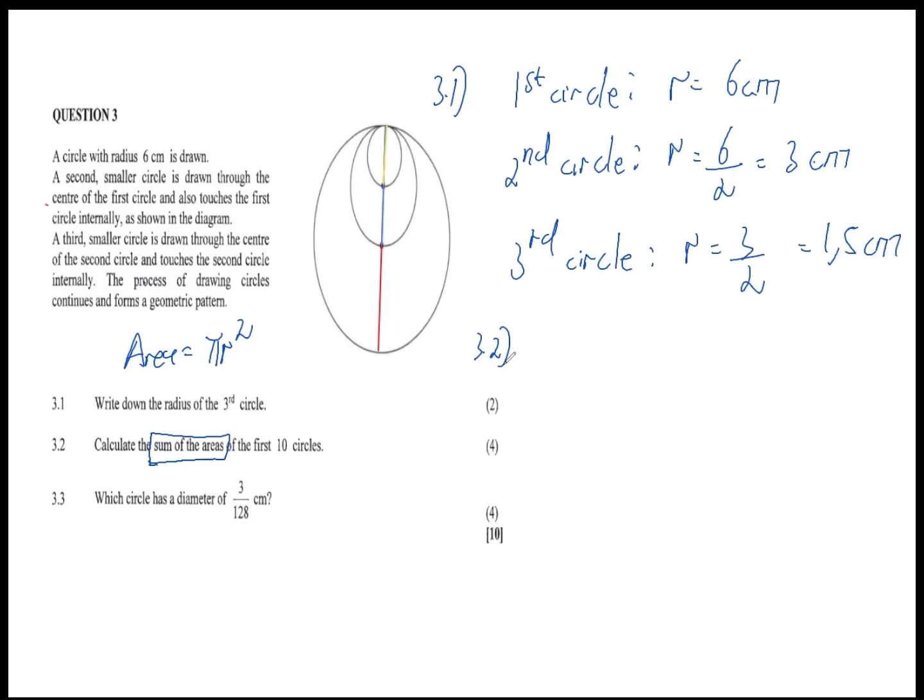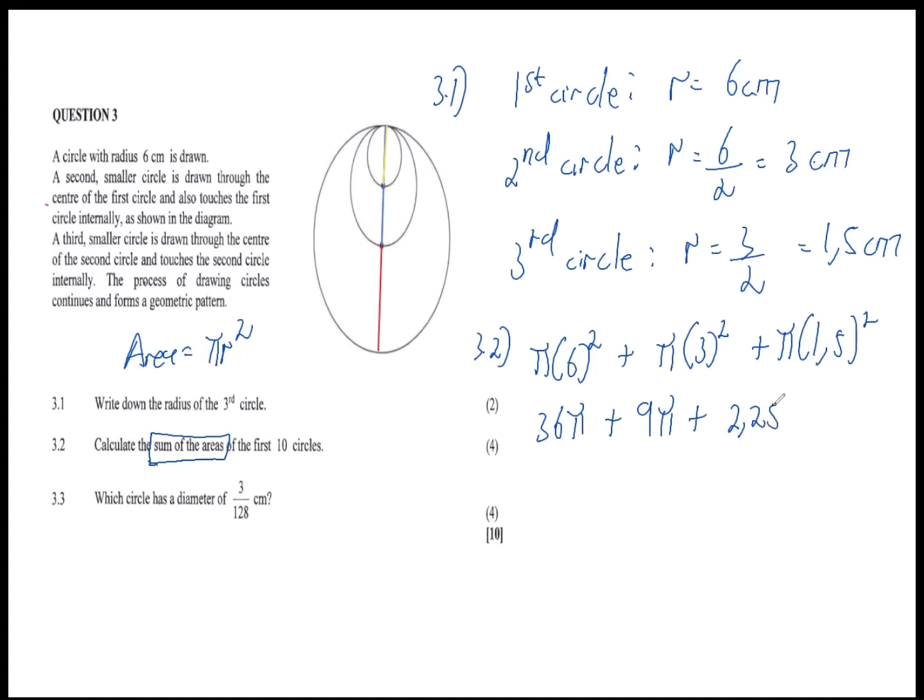The first one is pi 6 squared, followed by pi 3 squared, followed by pi 1.5 squared. This gives us 36 pi as the first term, 9 pi as the second term, and then 1.5 squared is 2.25 pi, right?